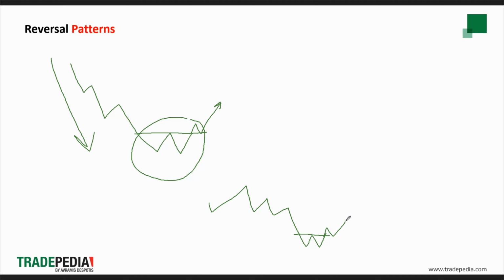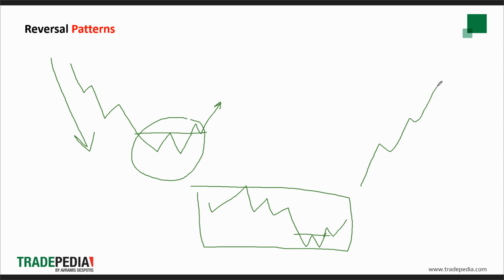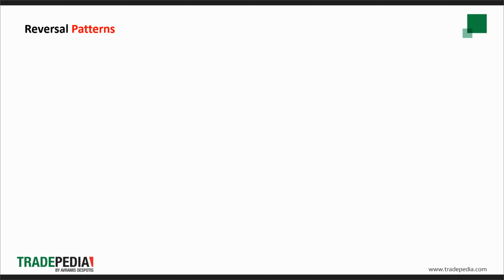Even if price does something like that, this is not a valid double bottom. Because of a lack of a prior existing trend, this entire thing can be considered a sideways market structure. The same thing is true for the opposite direction. There needs to be an existence of a prior trend before it goes into a reversal pattern. Then we can consider this as a double top.